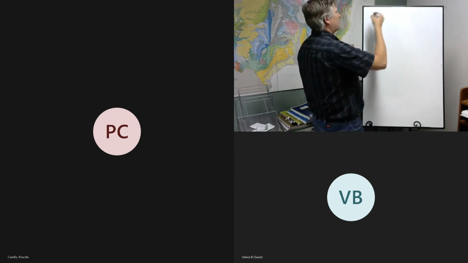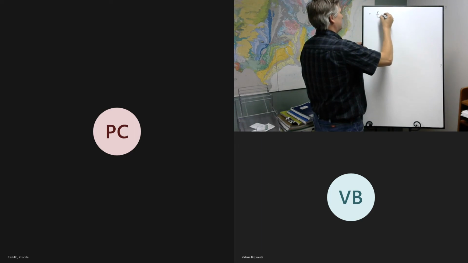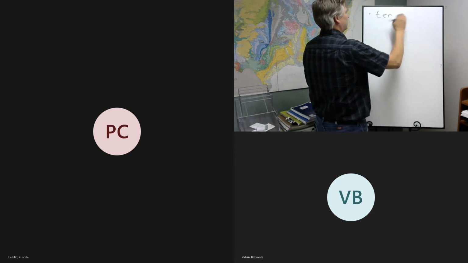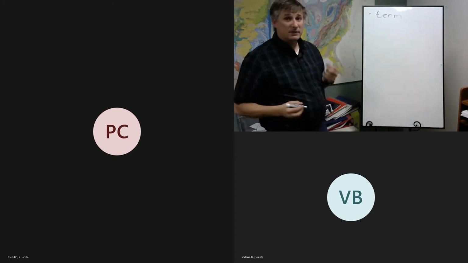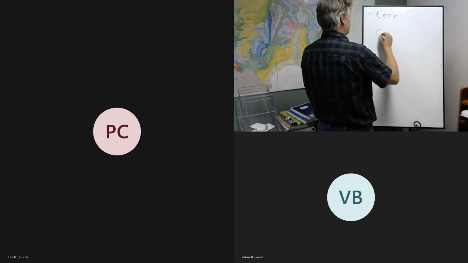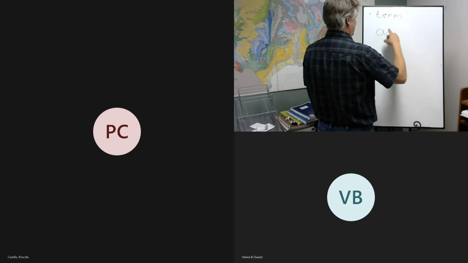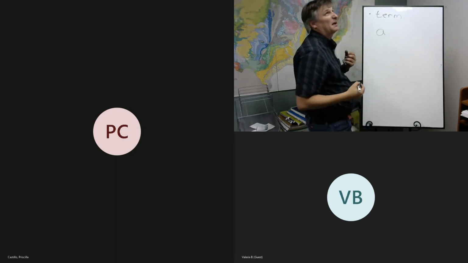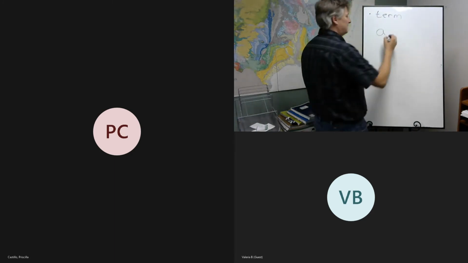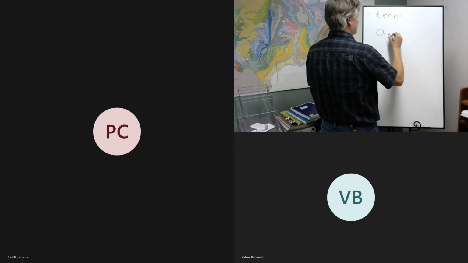So first off, let's take a look at a term. So if we have a term, say a to the, I won't use n, let's say a to the m.